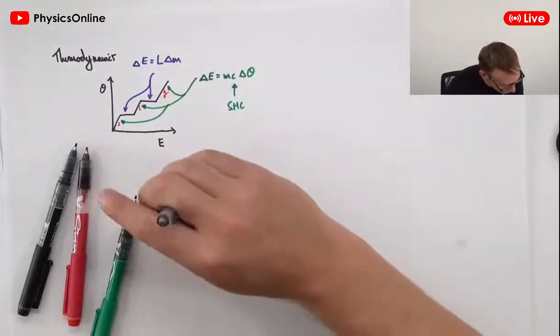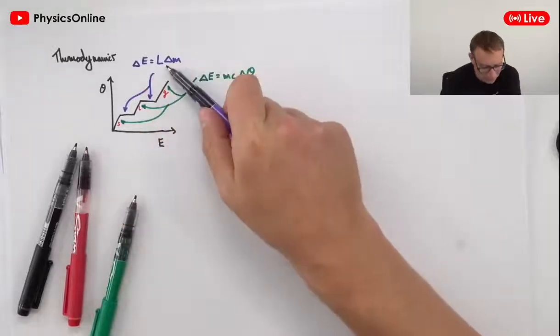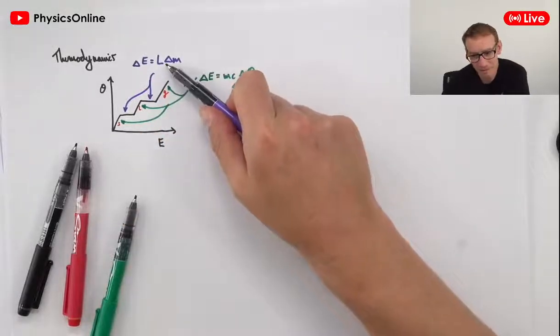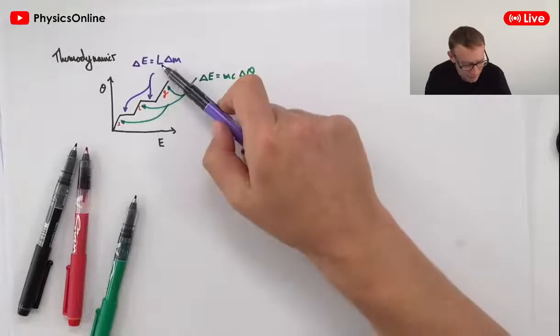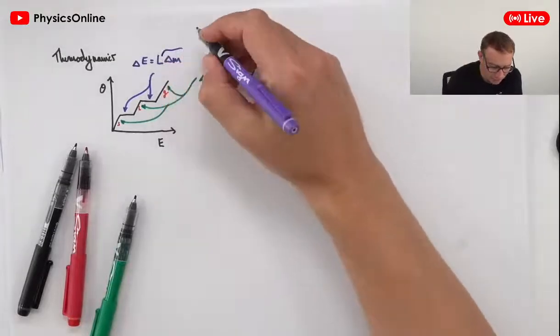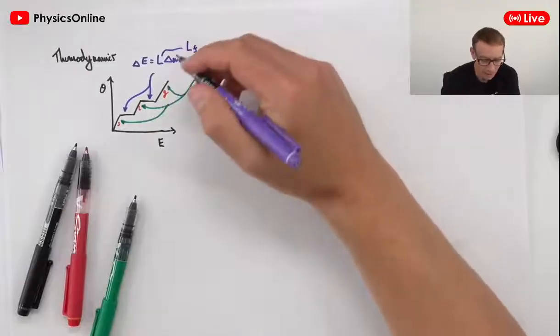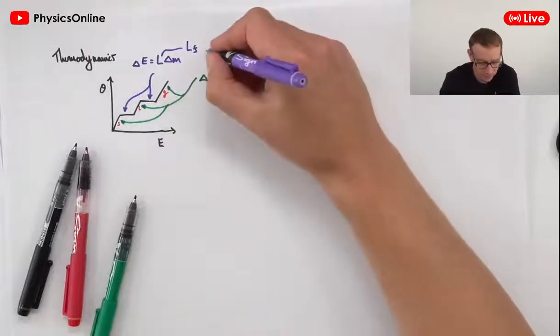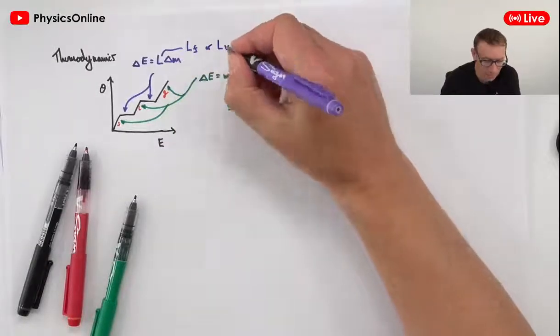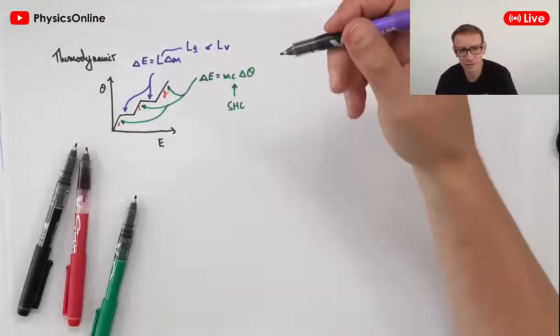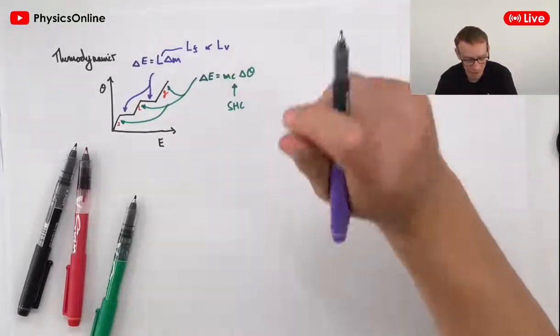I don't really know why there's a delta m there, because surely the mass stays the same. So L is going to be our specific latent heat, sometimes of fusion, if you've got a solid to a liquid, or it could be the latent heat of vaporization from a liquid to a gas.